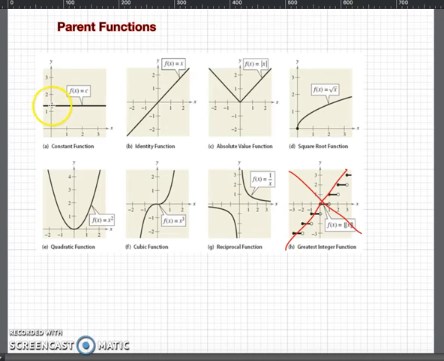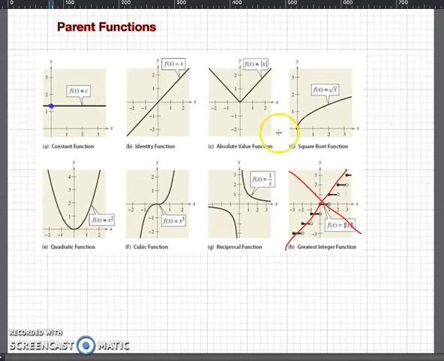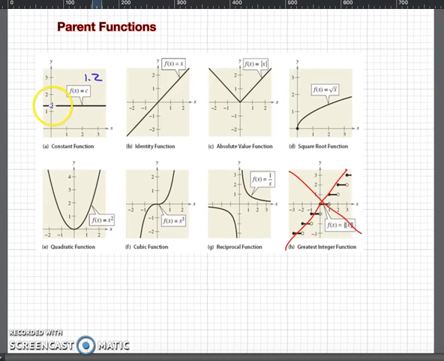My critical point for this one, I'm going to just say it's whatever this is. Our critical point for whatever c is, let's say it's 1.2. That's our critical point on our y-axis. Sure, why not?